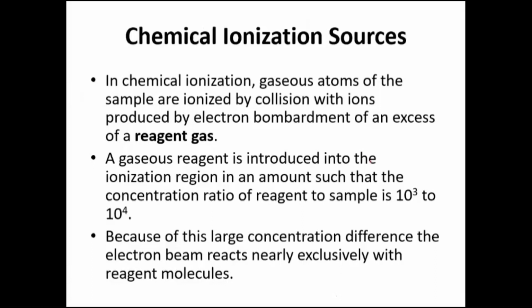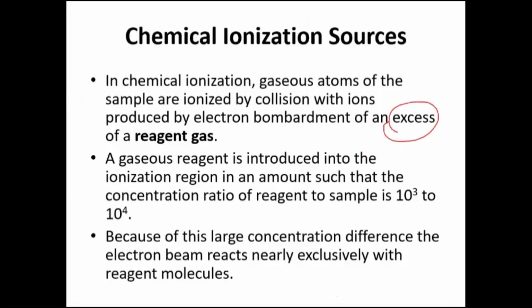A gaseous reagent is introduced into the ionization region in an amount such that the concentration ratio of the reagent is 10 to the 3 to 10 to the 4. In simple terms, when there is one molecule of the analyte present, there are 10 raised to 3, 1000 molecules of the reagent gas present. So reagent gas is in huge excess.